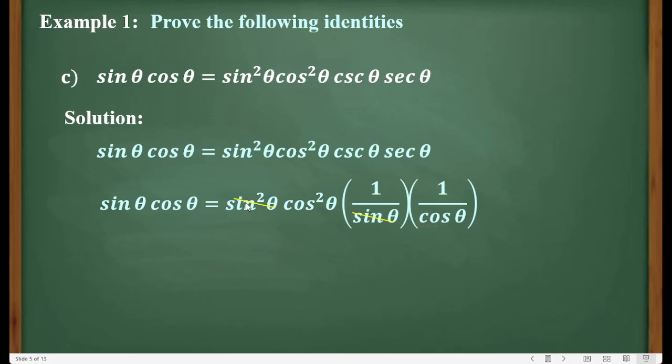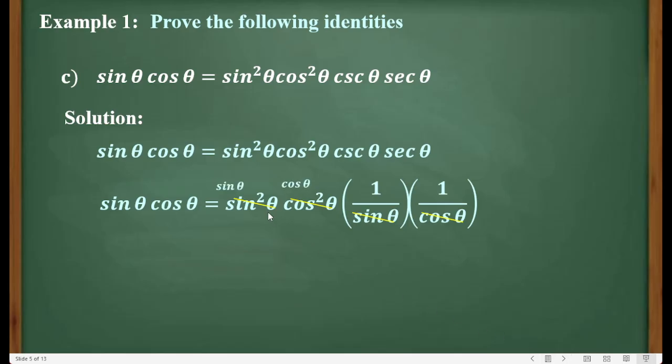So we're going to cancel sine here, sine squared and then sine. Then likewise, cosine squared theta and cosine theta, because there is a common factor between the two. And here, what will remain from this factor if we cancel the sine theta?